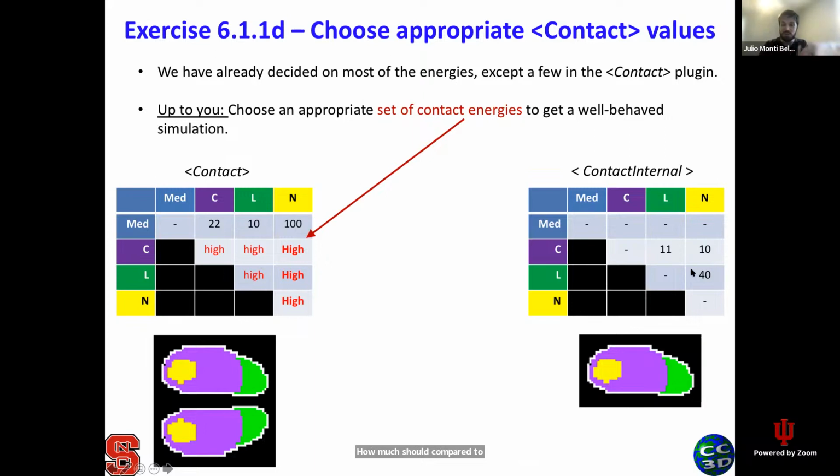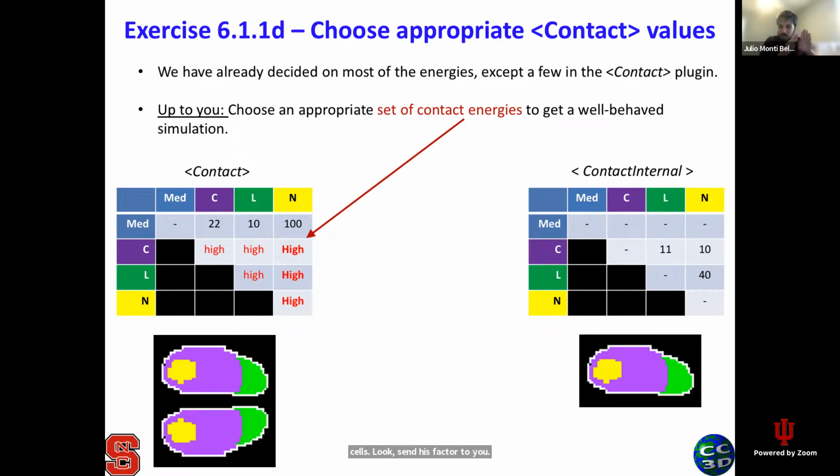So go to your code now, go to the XML and change those values to make sure that the cells behave more like this instead of being fused together. So that's your exercise for the next 2 minutes. Go back to the code in XML and change those values until your cells look satisfactory to you, okay?